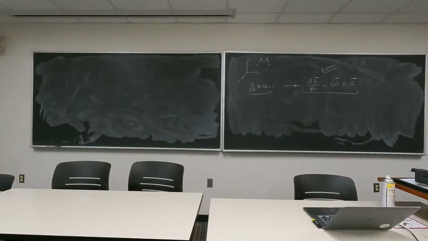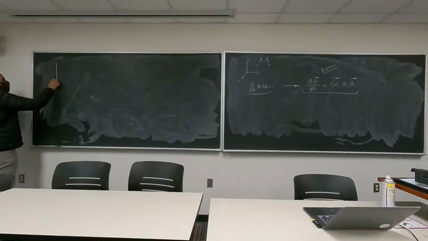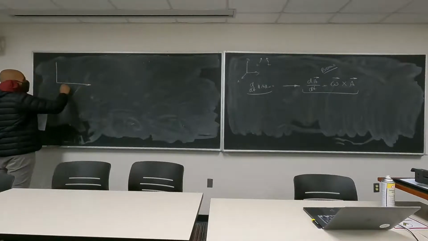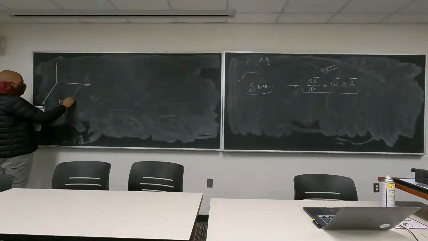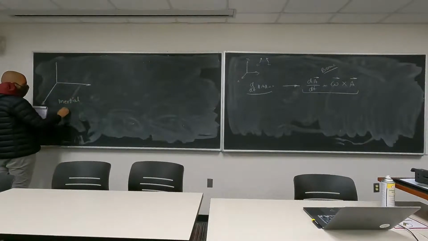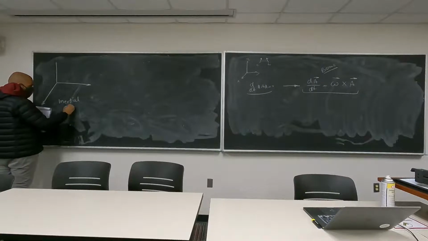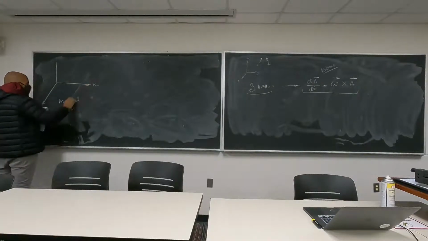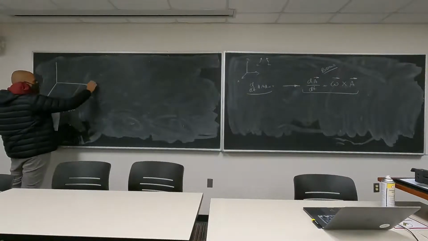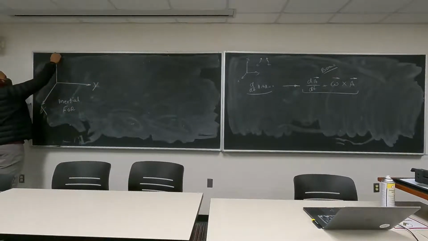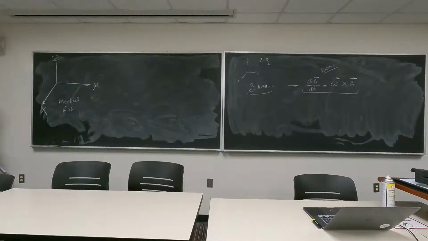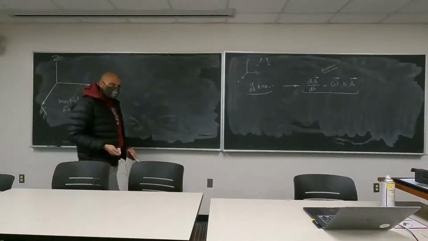Let's talk about different frames of references. We have something called an inertial frame of reference. We usually use capital X, capital Y, and capital Z for it. The inertial frame of reference doesn't move, doesn't rotate, doesn't do anything.